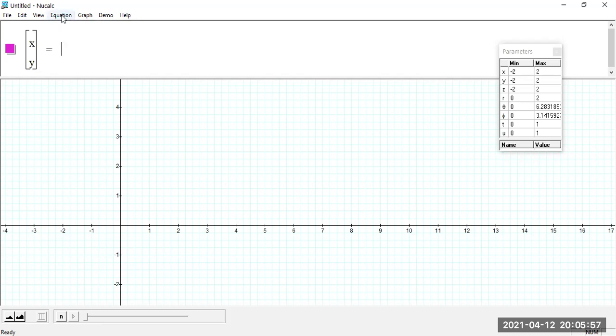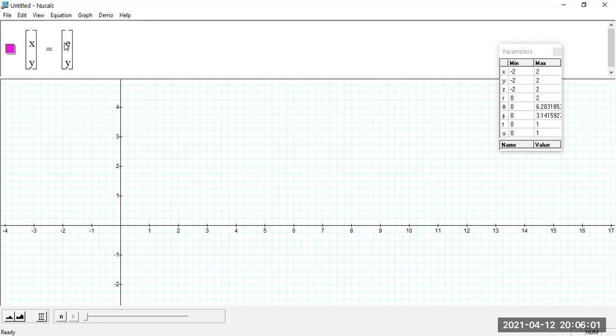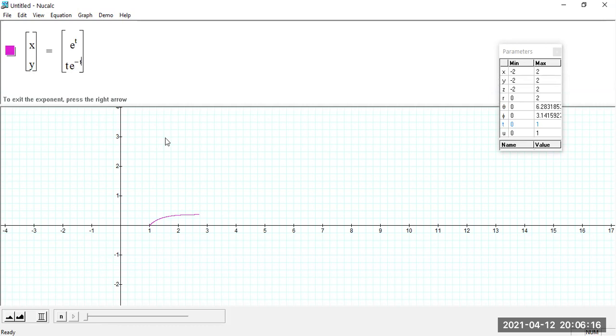X is e to the t, and y will be t e to the negative t. It just looked like that, Thomas. Yeah, it looks like that because my t is only from 0 to 1. You see that?